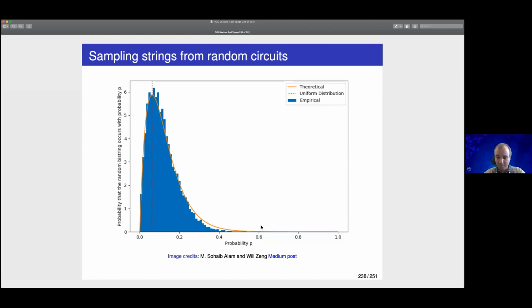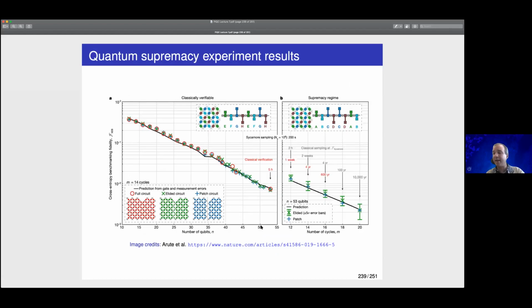In fact, it can be shown that there is a measurement that is called the cross entropy, which in the perfect simulation of quantum circuits should give you 1, and with a uniform distribution instead of the real distribution of the strings that you obtain from the random circuits, it should give you 0. So this is a way of measuring whether you are simulating the circuits in a quantum way, or you are doing something that is not close to what you expect from the simulation of the circuits.